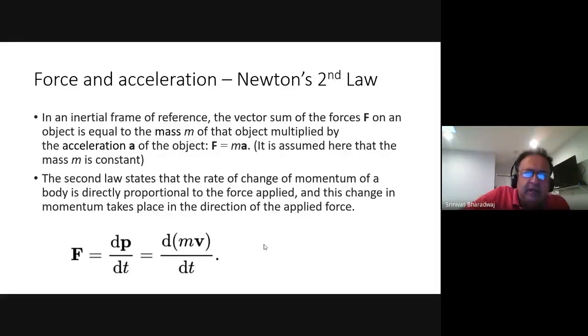When a force is applied for a short period of time, you are producing what is called an impulse. Integral F dt is impulse, over a very short period of time. Now, what happens due to the impulse? The momentum of the ball changes.